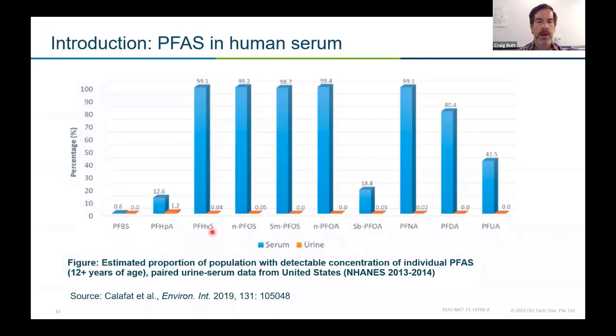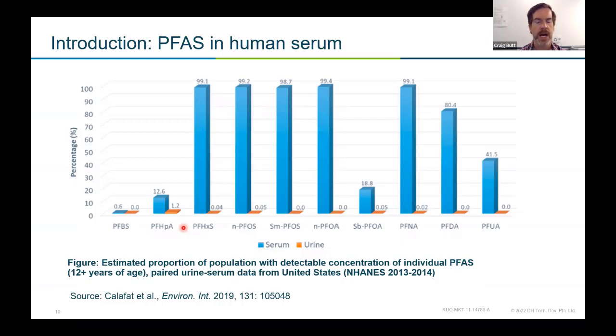First of all, for serum, certainly some of these PFAS are detected in nearly all of the samples, nearly 100%. Whereas with urine, very, very few detections, showing us that serum is really a superior tissue for biomonitoring of PFAS exposure.